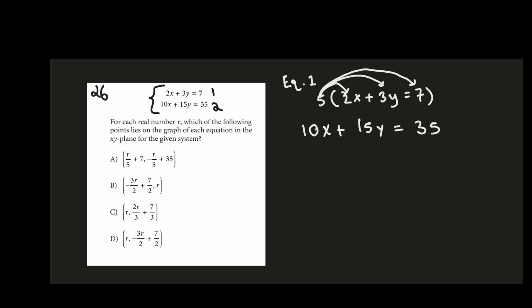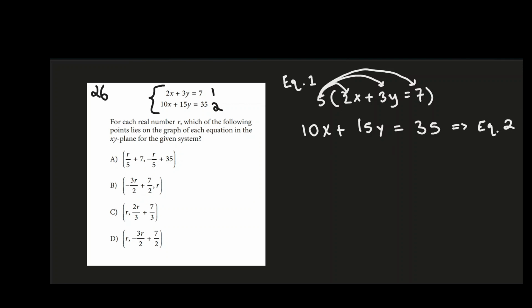And 5 times 2 is 10, so 5 times 2x is 10x. 5 times 3 is 15, so 5 times 3y is 15y. And 5 times 7 is 35. And this is the same equation as equation number 2.